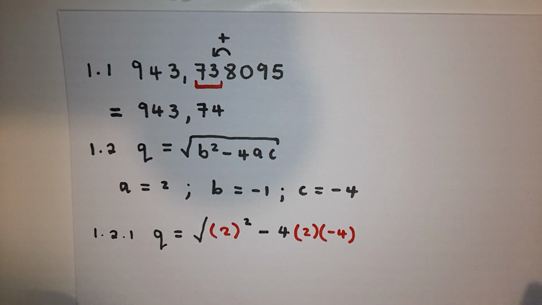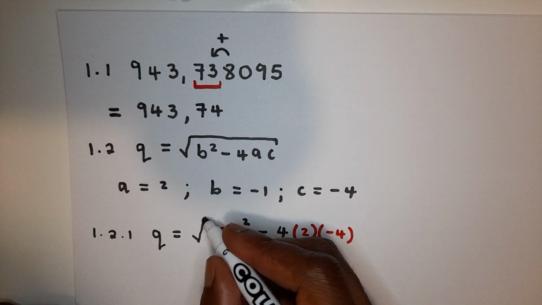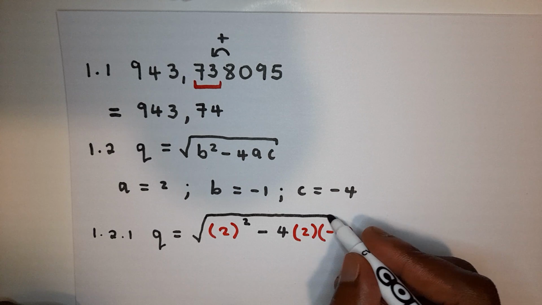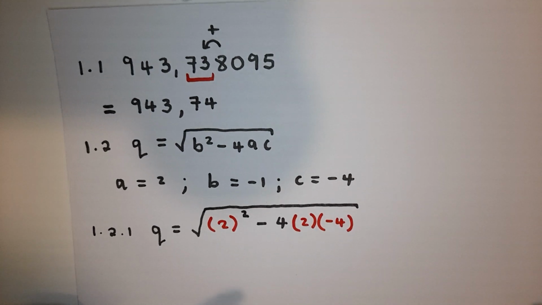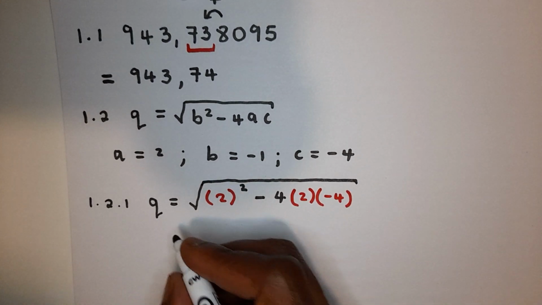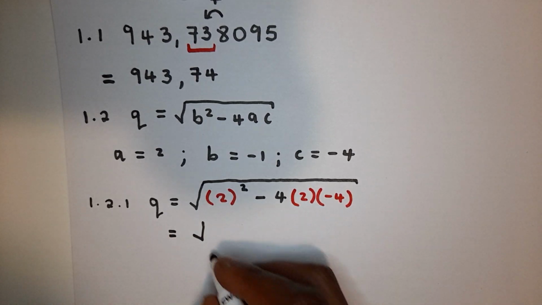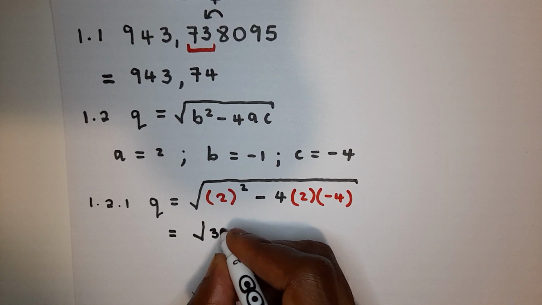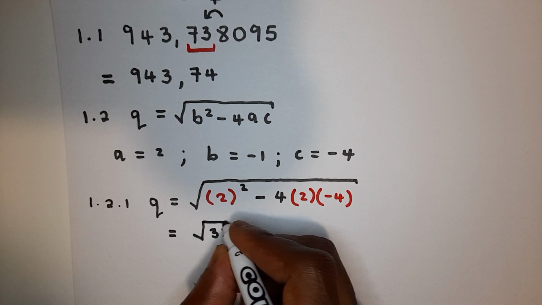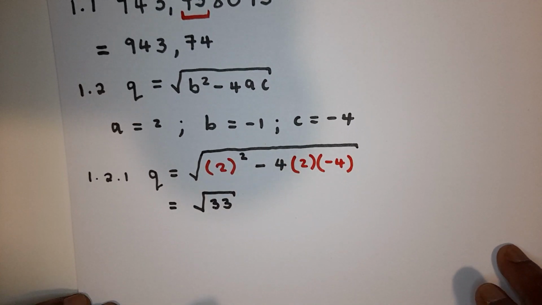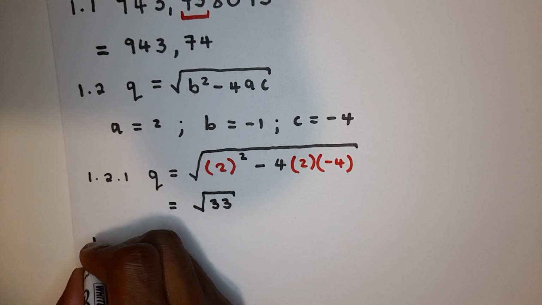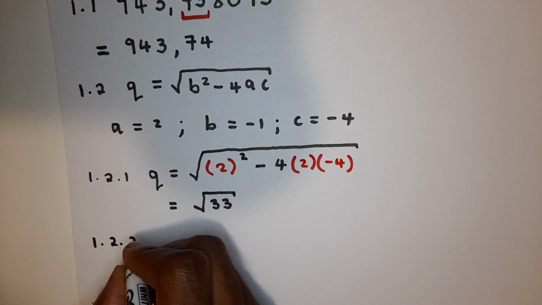Right, this is my substitution, which guarantees your first mark. Then ladies and gentlemen, use your calculator. You should find that this gives us the square root of 33.